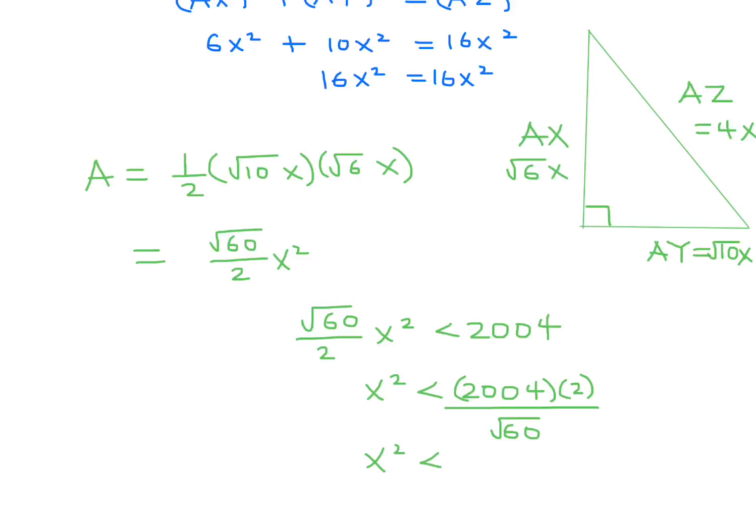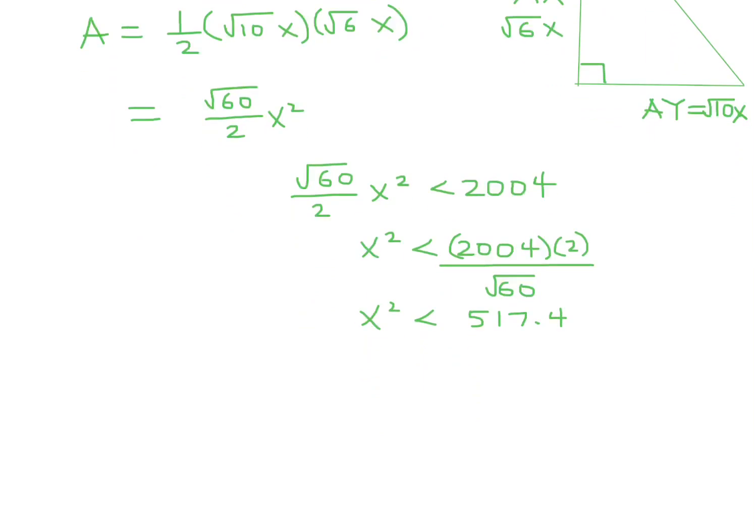And then let's just get the numerical value of this. And this is 517.4. And therefore, if I take the square root, it'll be 22.74. And they want the largest value of x to make this true that is an integer.